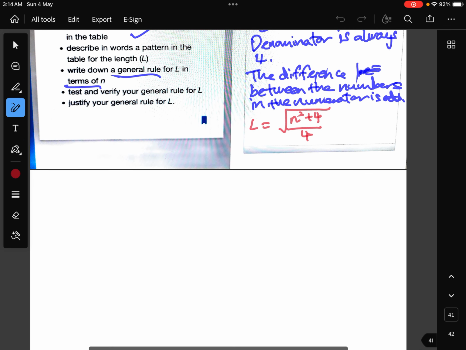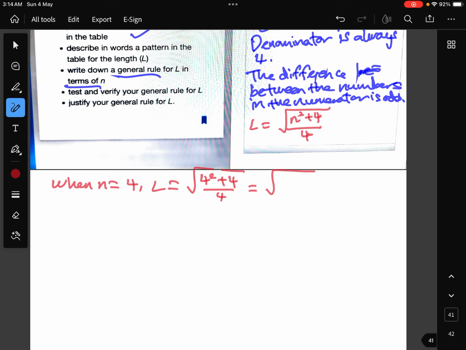I could say that when n equals 4, L is equal to the square root of 4 squared plus 4, divided by 4. So this will give me 16 plus 4 equals 20, so that will give me root 20 over 4 here. That is one way to test it, and this should be the same value as the one given in the table.